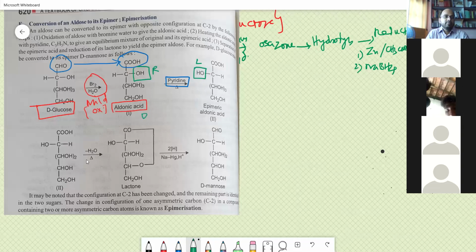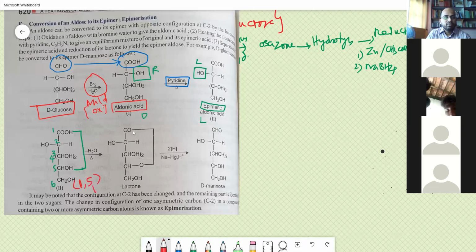And then this aldonic acid, when you treat it with water and heat it, it forms a lactone. How does the lactone form? This is 1, 2, 3, 4, 5 and 6. The fifth carbon atom links to the first carbon atom. Right? I think we remember the 1,5 linkage. I showed you the 1,5 linkage.